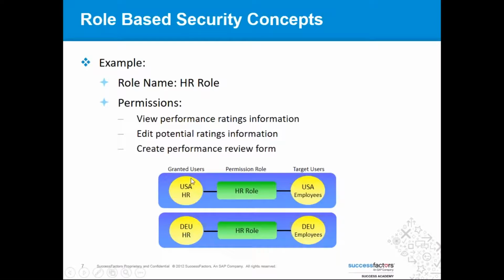It's being given to US HRs, the granted users, and they can have their access on the target users on the right hand side, that is US employees. Granted users are US HRs and the target users are the US employees. Taking this as an example, let us see how we can do the permissioning in SuccessFactors. Just give me a moment, I'll log into the SuccessFactors system.